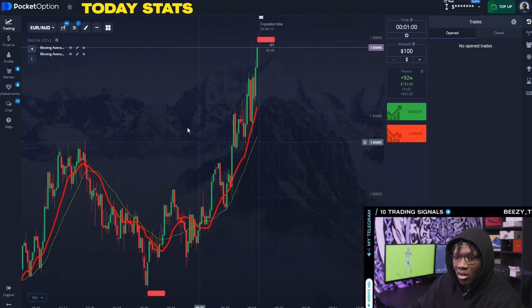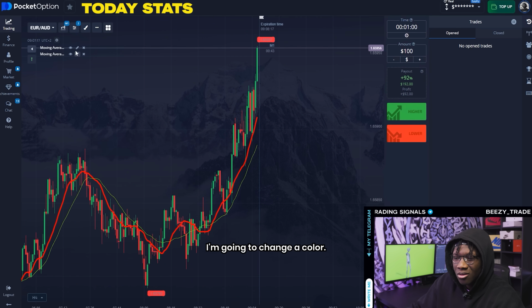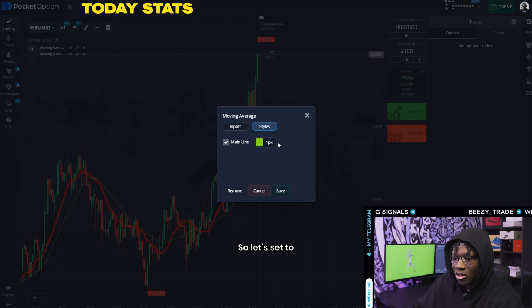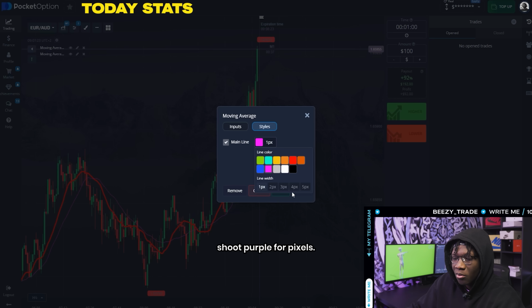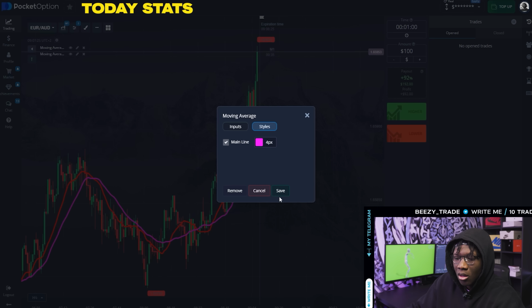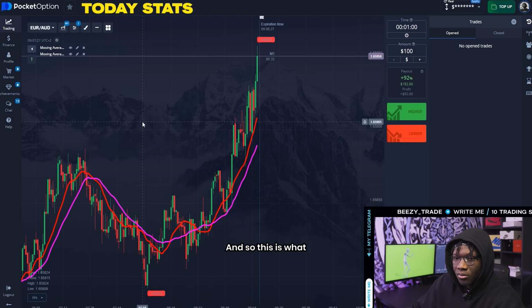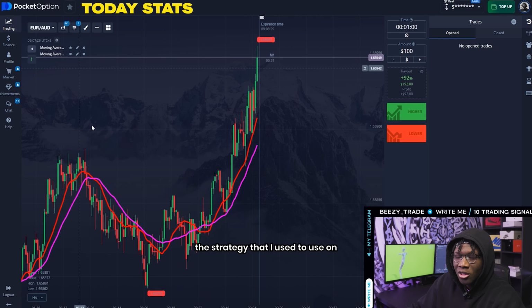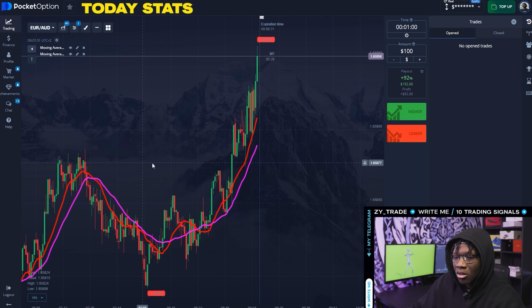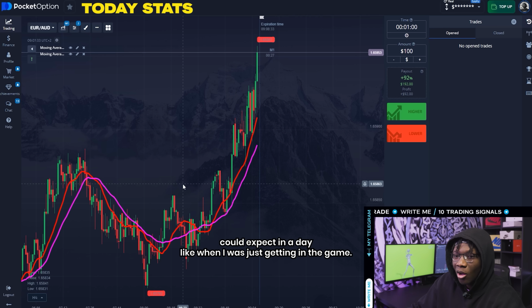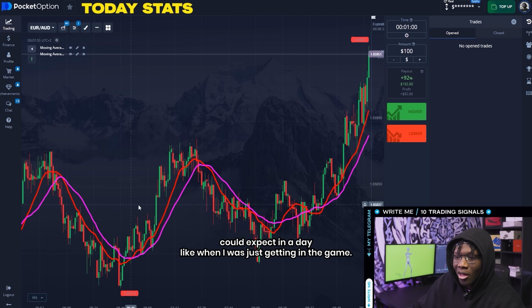Save. I'm gonna change that color to purple, 4 pixels. This is the strategy that I used to use on Forex back in the day, when I was just getting in the game.